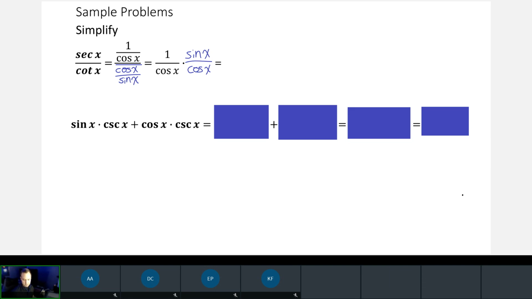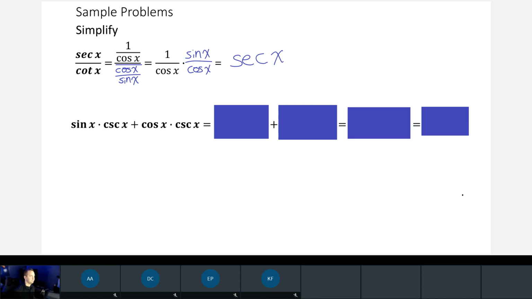All right. So the answer for this one, we want to write as a non-fraction answer. So I can't really do a whole lot with this other than we already know 1 over cosine is equal to secant. So I'm kind of going back to what we had originally. Secant, and then sine over cosine is what?